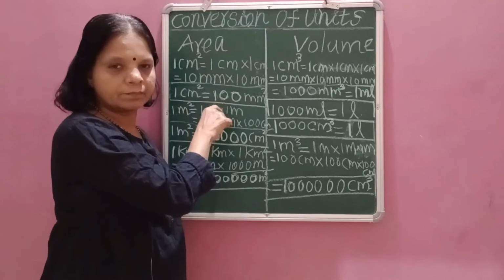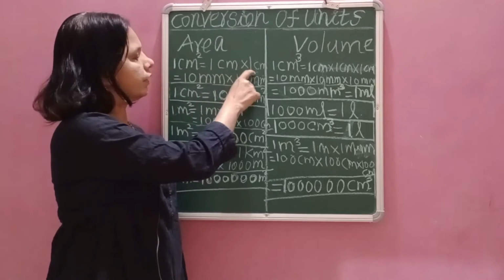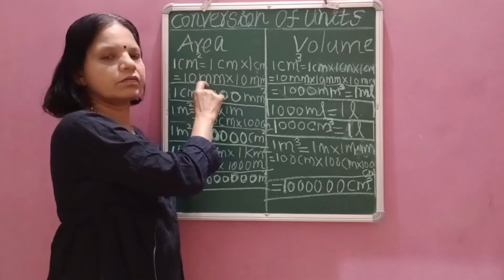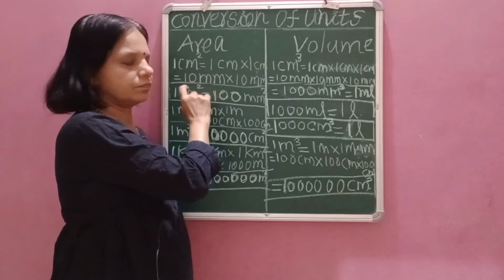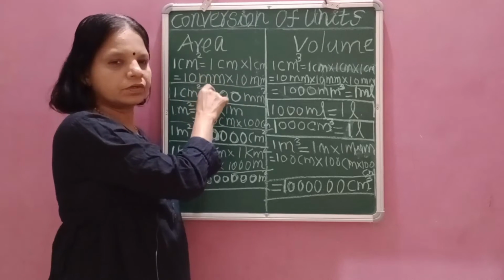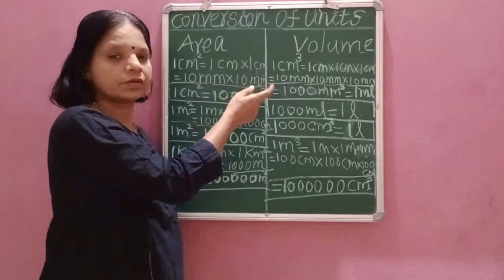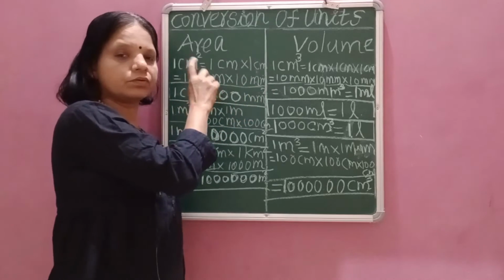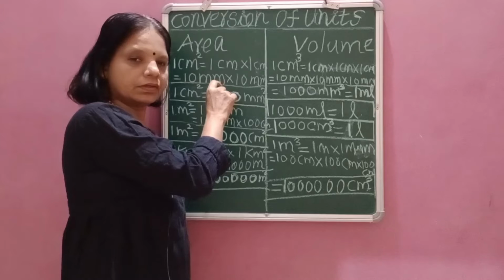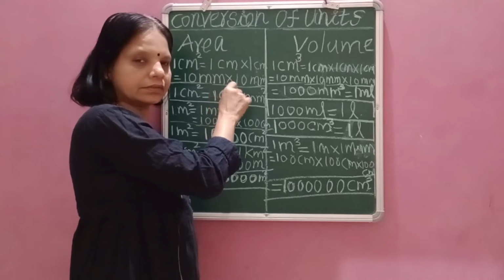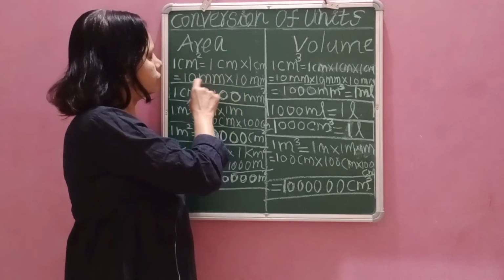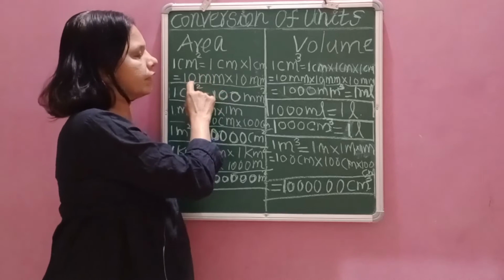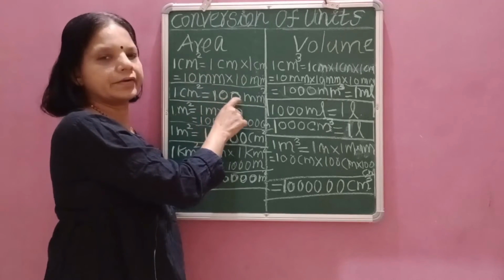So here the number will change: instead of 1 into 1, it will be 10 into 10 when you convert into millimeter square. You have to remember the conversion of units of length. So the answer will be 10 into 10 is 100.